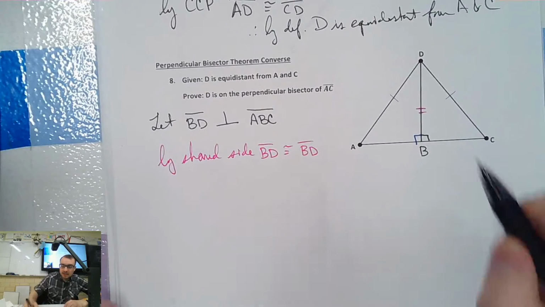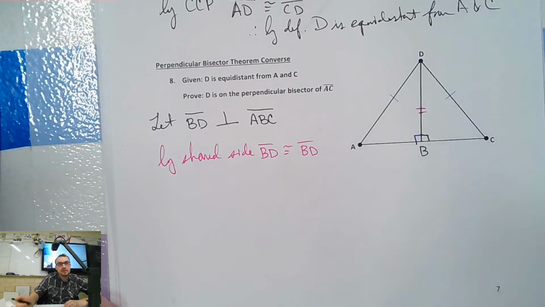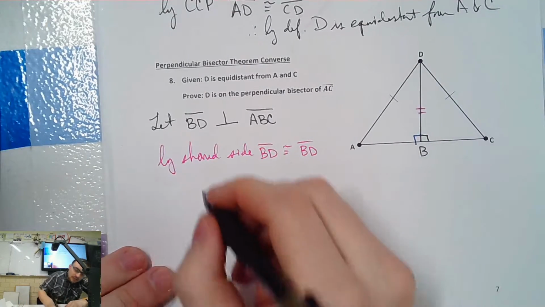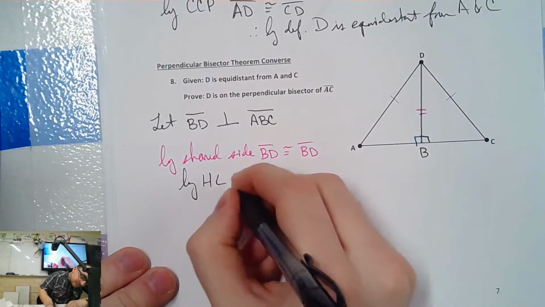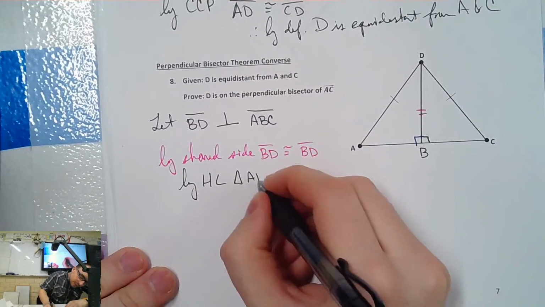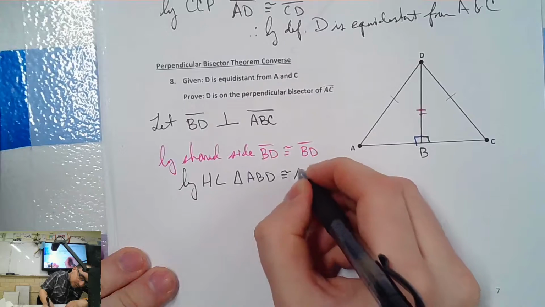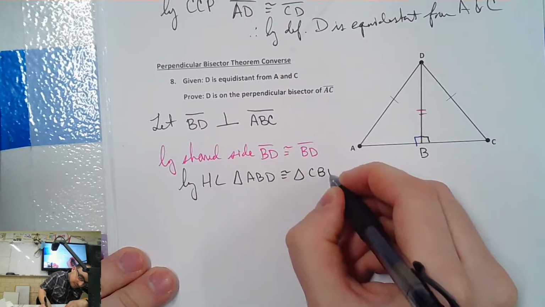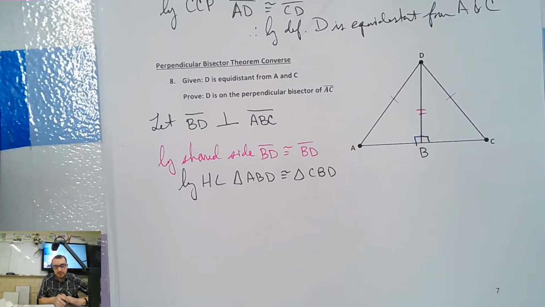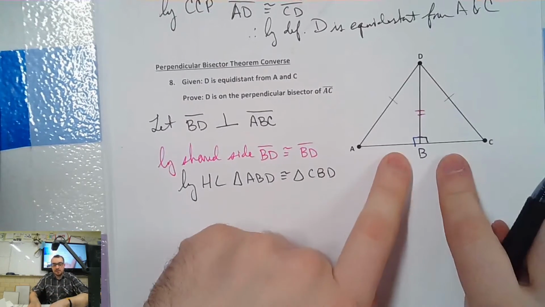And now we've got hypotenuse leg, right? AS doesn't work, but HL does, right? So by HL, triangle ABD is congruent to triangle CBD. And then we do CCP, and we get AB and CD together, right?